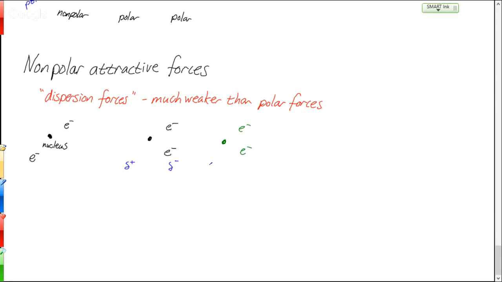And now this one has a little bit of a polarity too. Maybe we should draw, here's our first shell here, okay? The electrons are inside the shell. So as those connect, it starts propagating this chain reaction. It's called an induced dipole, and that's where these forces come from.